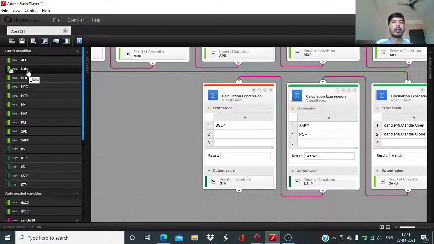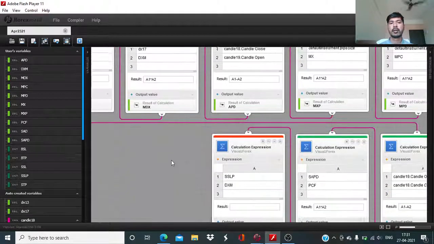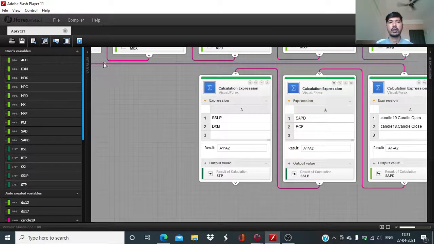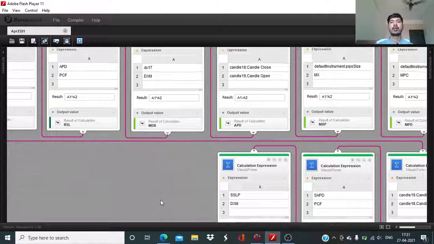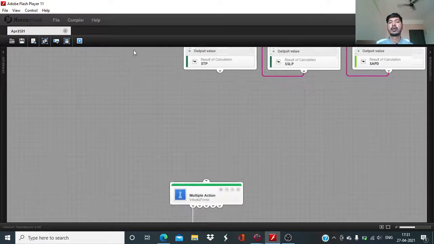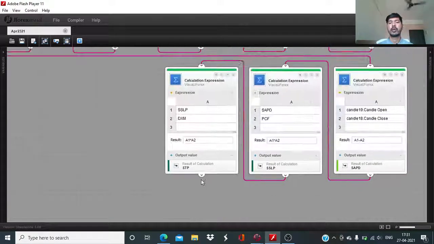So we will multiply stop loss with the 2, a1 into a2. Okay, looks good. And I will join it back.